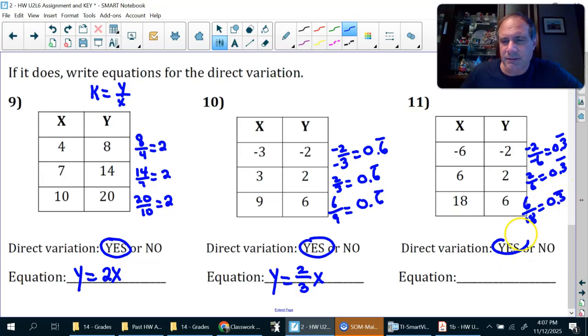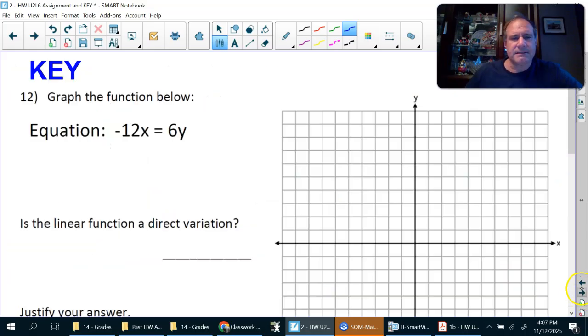And yes, this is a direct variation. What I would say is y equals negative 1/3, sorry, positive 1/3 x. And that's it. All direct variations.